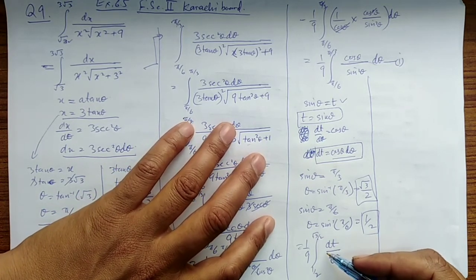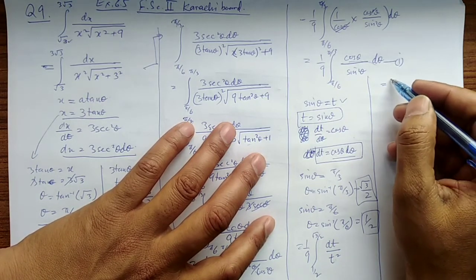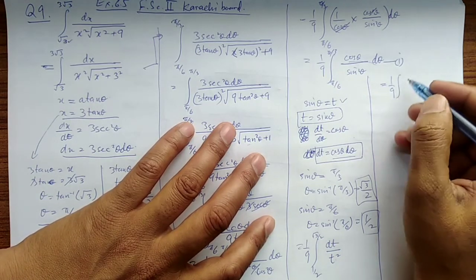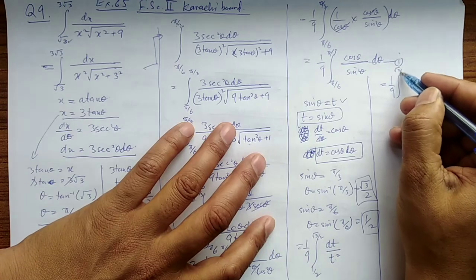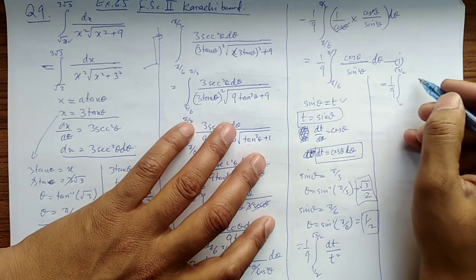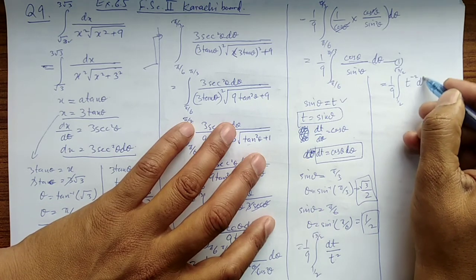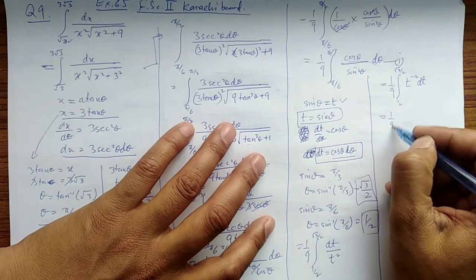Okay, now by integrating this part, we are going to just move this t, which is in the denominator, into the numerator: t to the power minus 2 dt, times 1 upon 9.